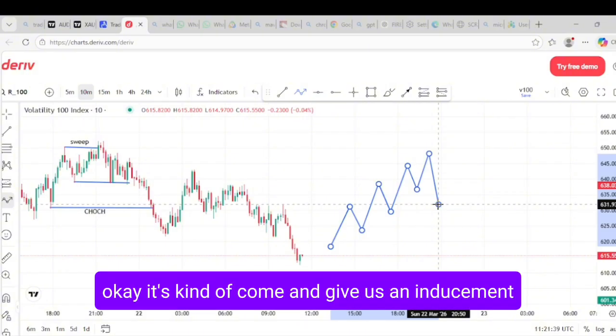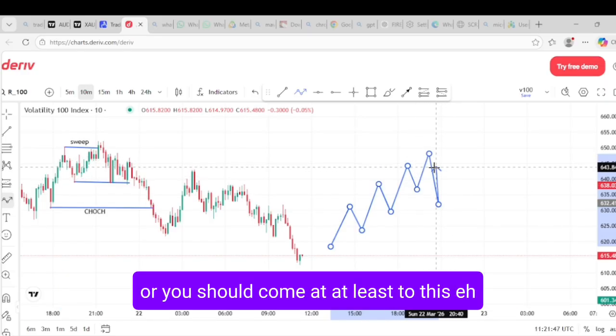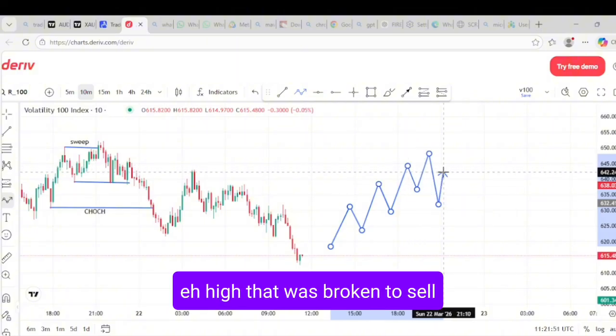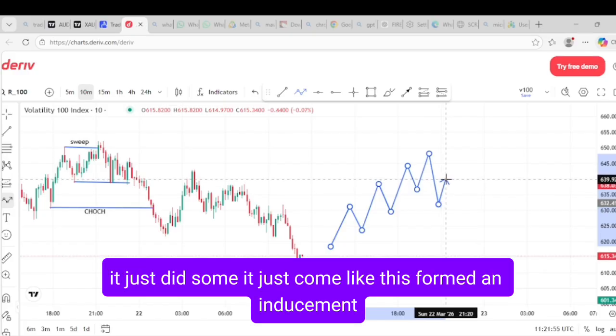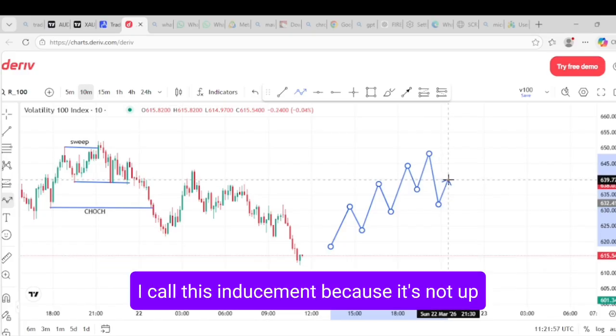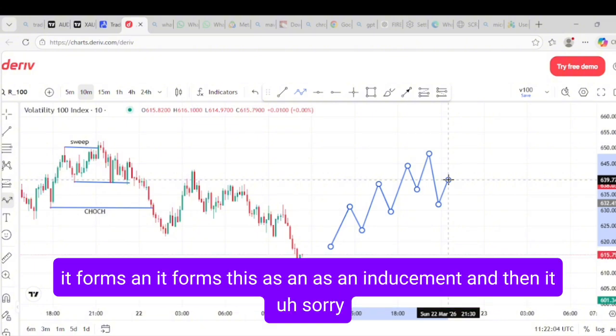It can now come and give us an inducement. This one is not up to the order block. There should be an order block right here, or it should come at least to this high that was broken to sell. But it just came like this and formed an inducement. I call this inducement because it's not up to the point where it should start to drop.